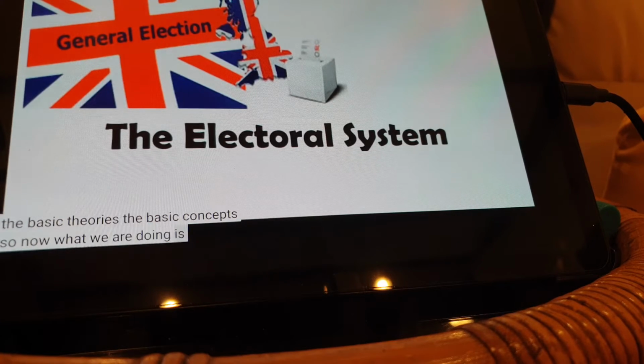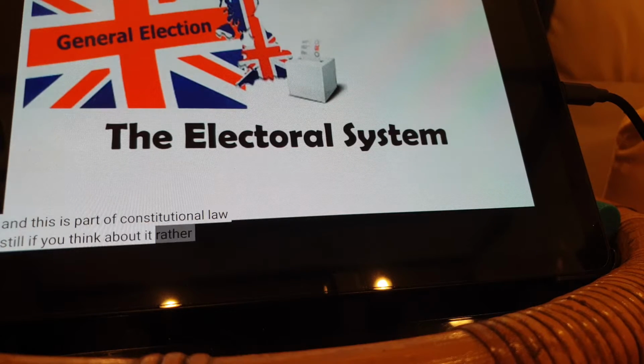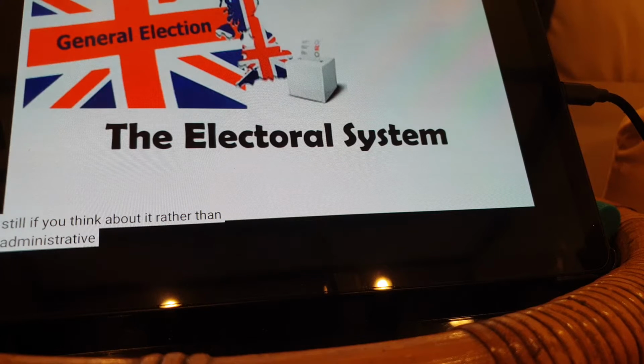So now we are moving on to a particular system, and that would be the electoral system. This is still part of constitutional law, rather than administrative law. This is the final leg of your constitutional law before we move on to UK administrative law.